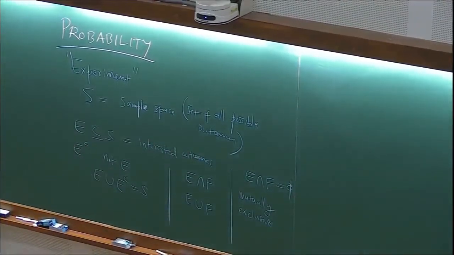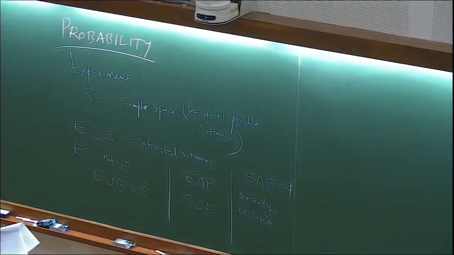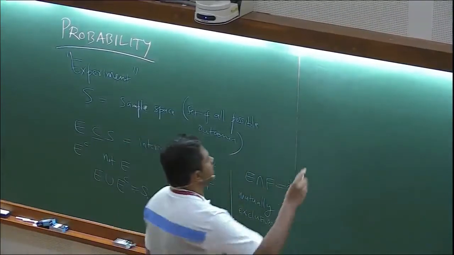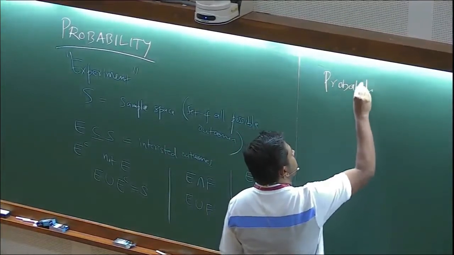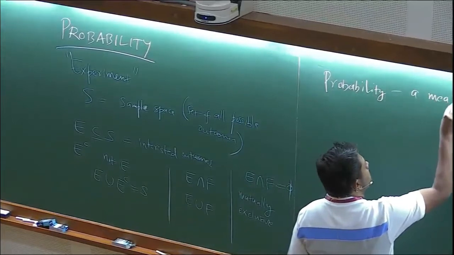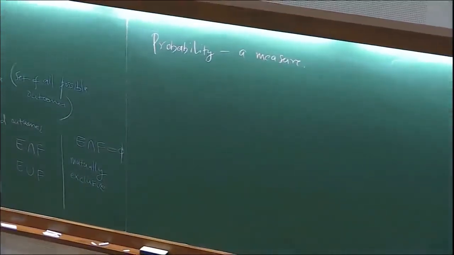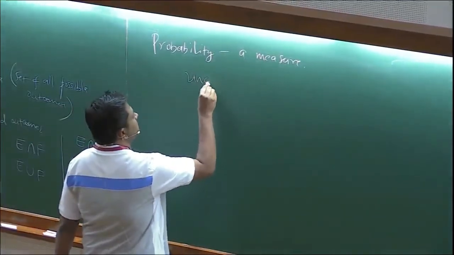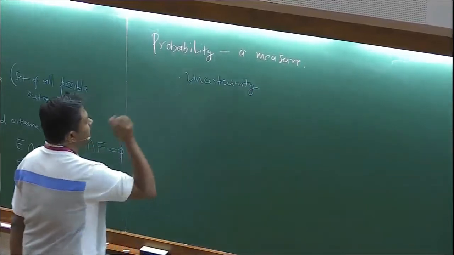Right, so that's basically defining a set of outcomes and then defining certain events and how to combine them. But we want to get to probability. So what's probability? Probability is basically what you would call a measure. A measure of what? A measure of some uncertainty that is there. We don't know the full information about the events.